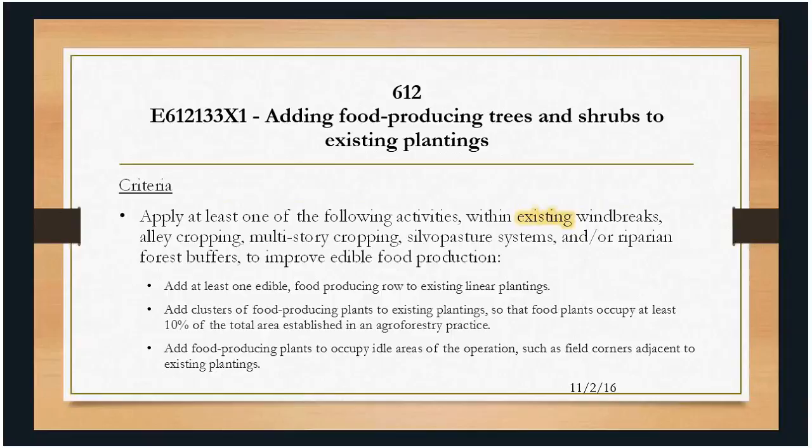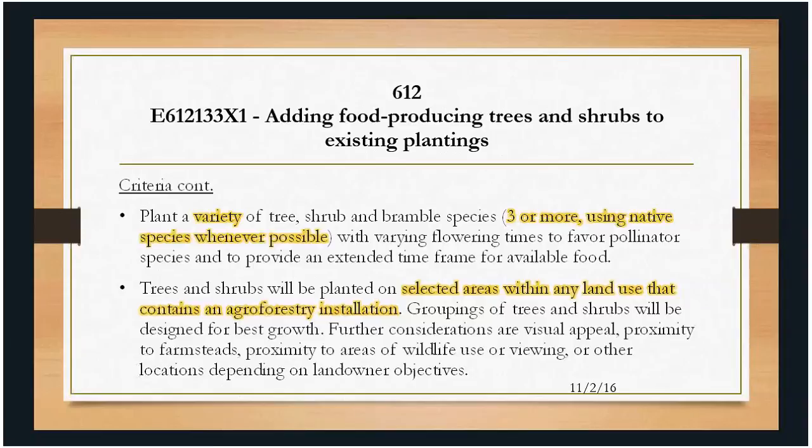The trick here is you need to have some kind of existing agroforestry to do this. And maybe that's why they did it each instead of per acre. I don't know. This is the one that was listed as per each in the payment schedule.